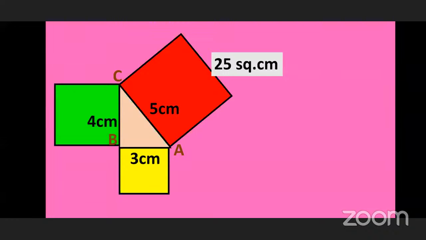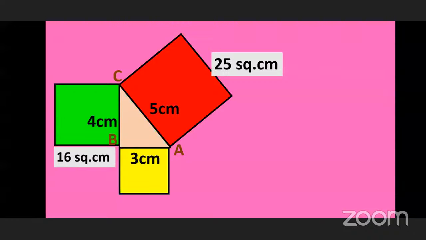What is the area of the square whose side is 4 centimeter? 16 square centimeter. Very good. We should not forget to write the unit square because we are finding the area. So the area of the square whose side is 4 centimeter is 16 square centimeter.